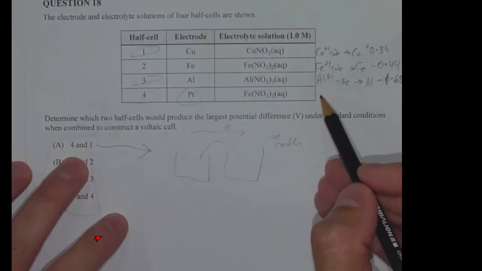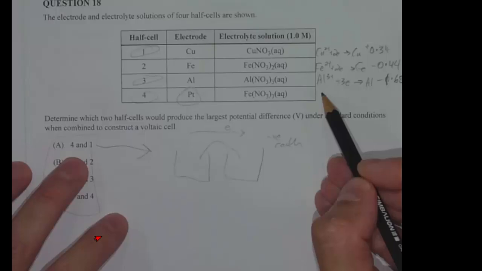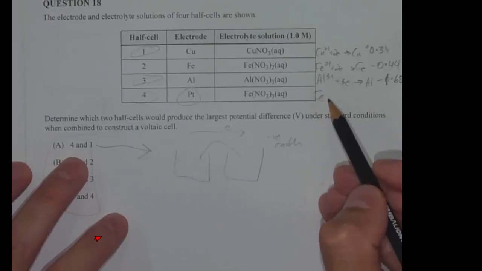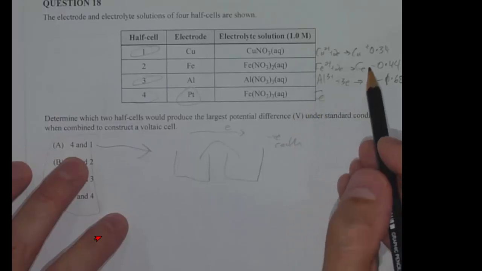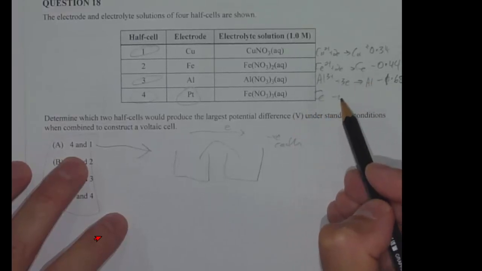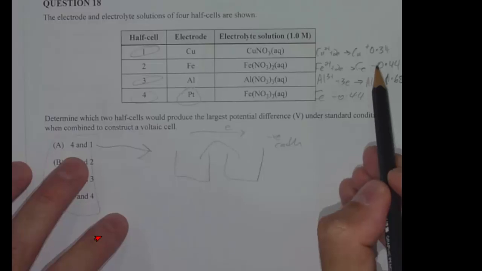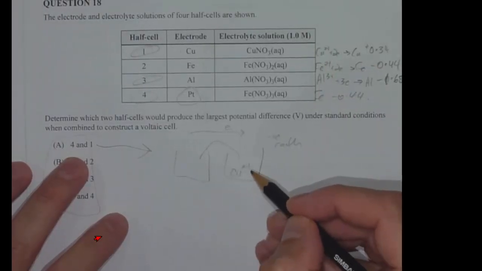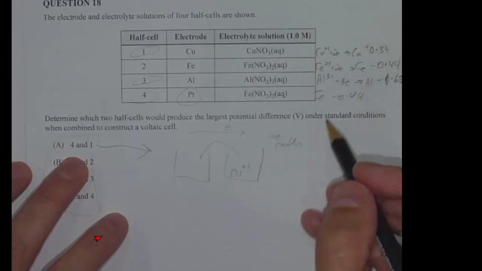So for 4 and 1, you've got iron here and copper. So that's the iron there, which is minus 0.44, and the copper. So the copper's the one that's going to be doing this one, and the iron's going to be reversed.